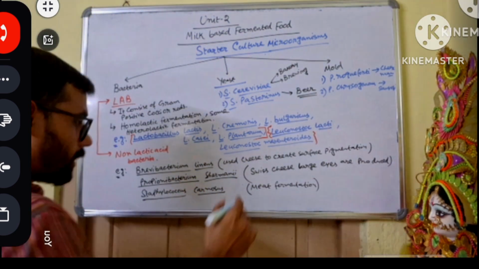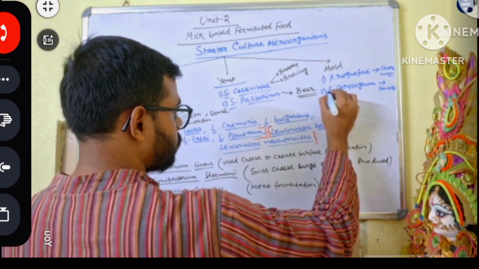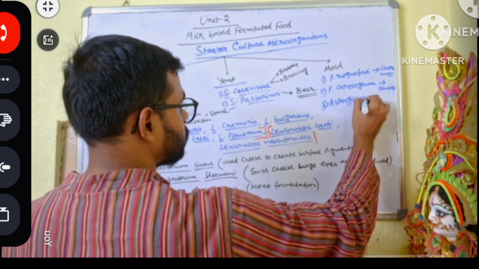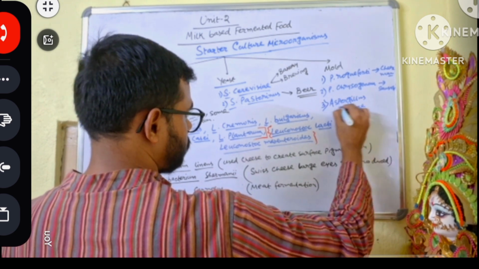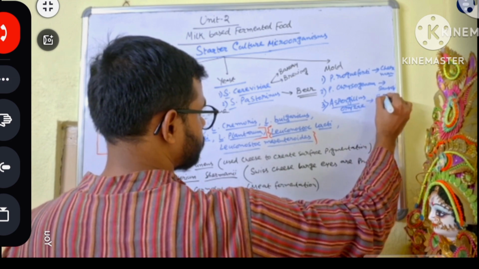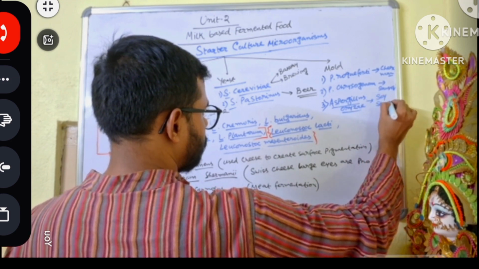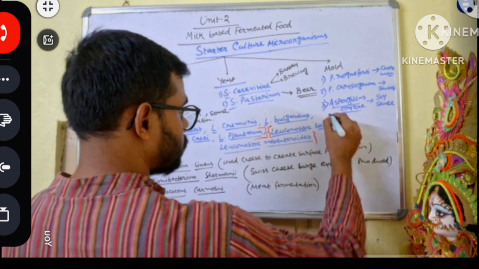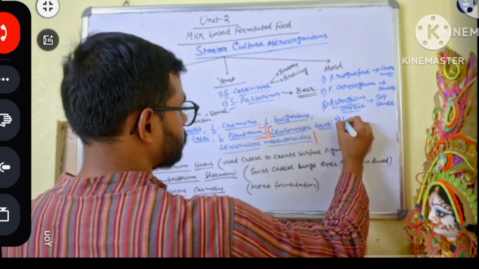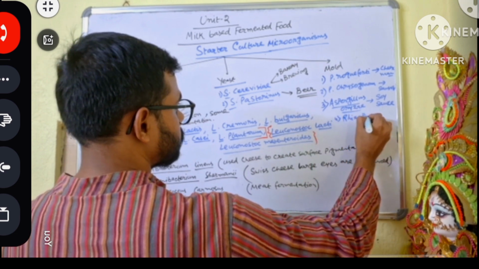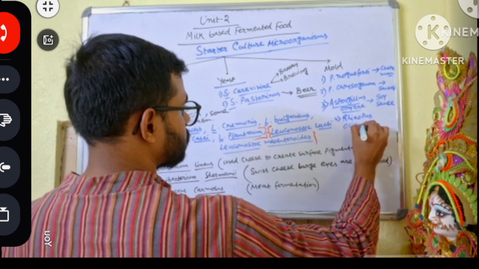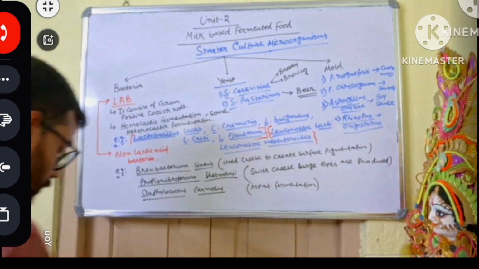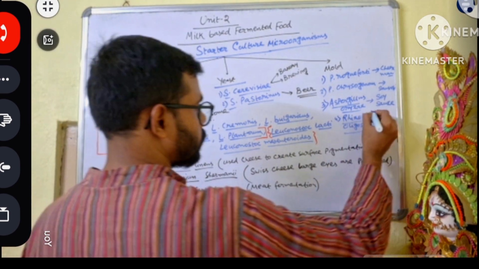Aspergillus oryzae, an important mold, used in soy sauce making. Rhizopus oligosporus, used in tempeh production.